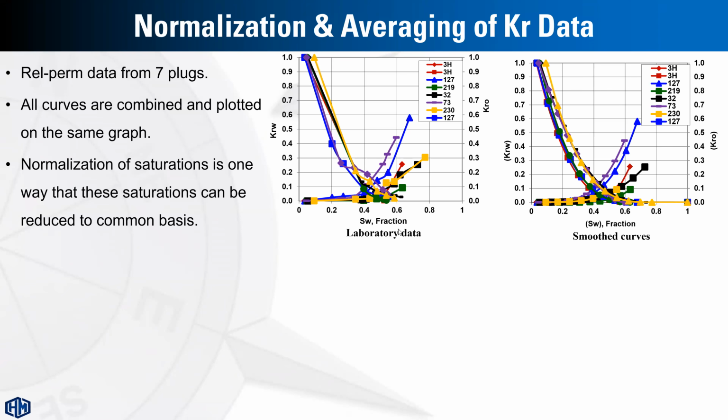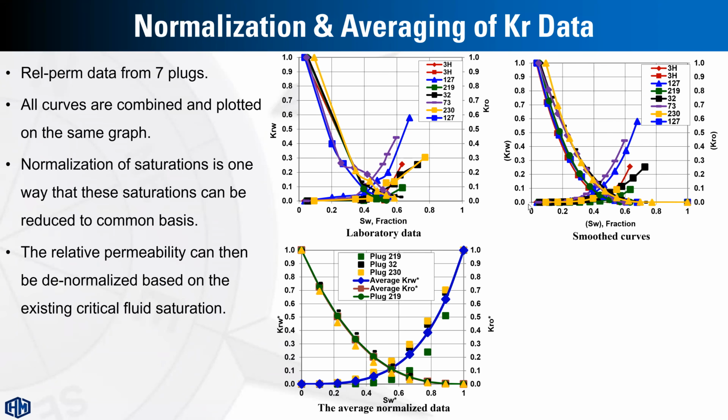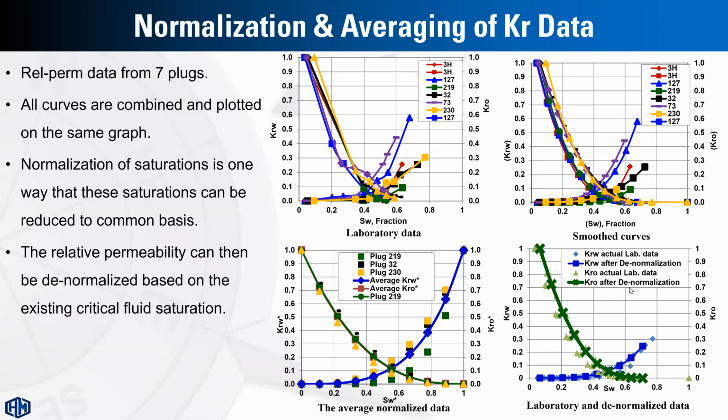So this is the lab measurements, smooth curves, and then these curves are subjected to a normalization process to convert saturation and relative permeability, SW star and KR star, from 0 to 1. The last step is the denormalization to get an average curve for all of these blocks together. So we finally have one curve representing all of these core samples.